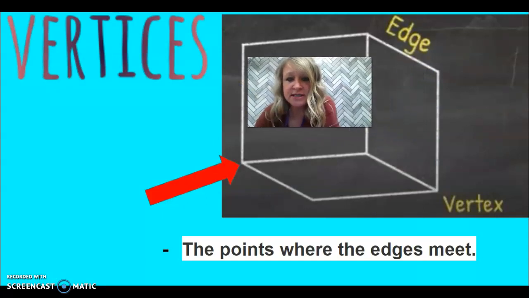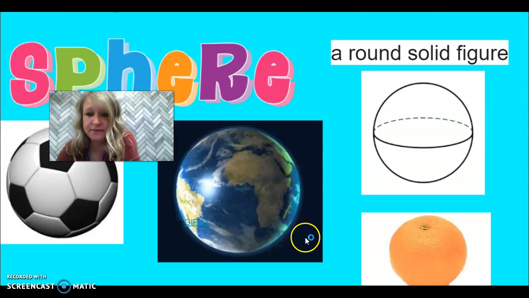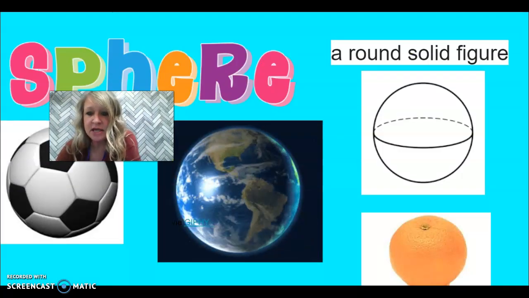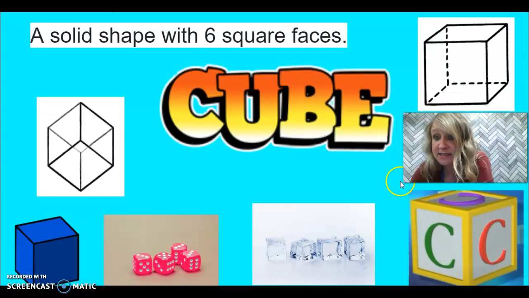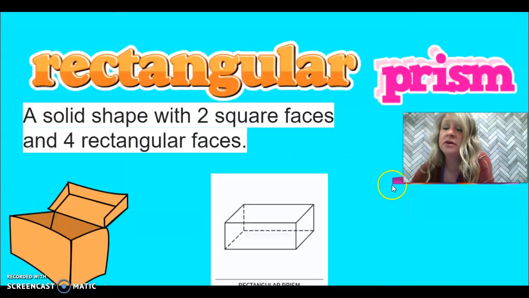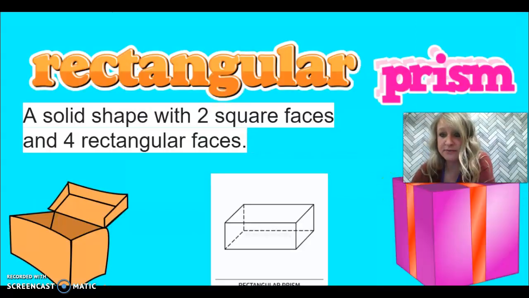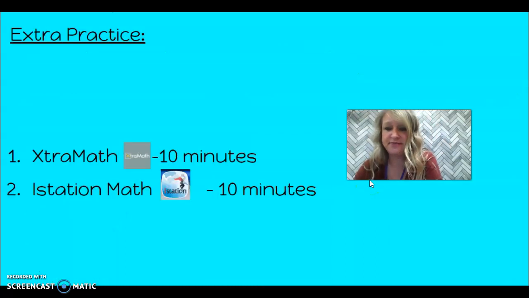And the vertices are the points where the edges meet. A sphere is a round solid figure. A cube is a solid shape with 6 square faces and is also a special kind of rectangular prism. A rectangular prism is a solid shape with 2 square faces and 4 rectangular faces.